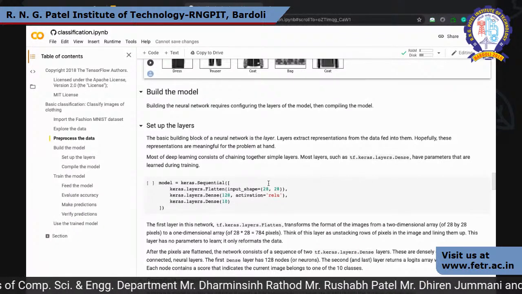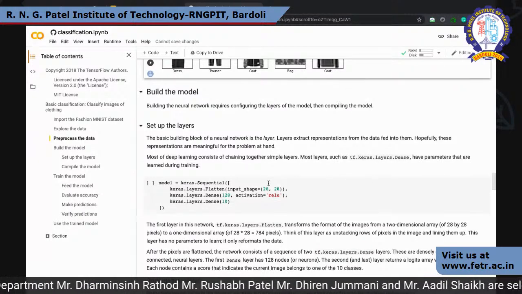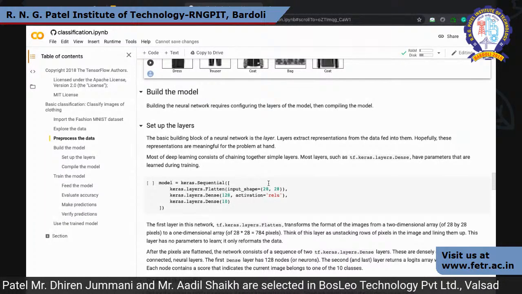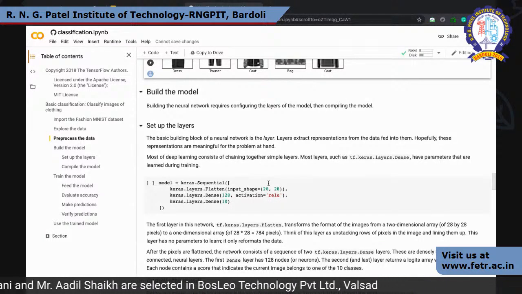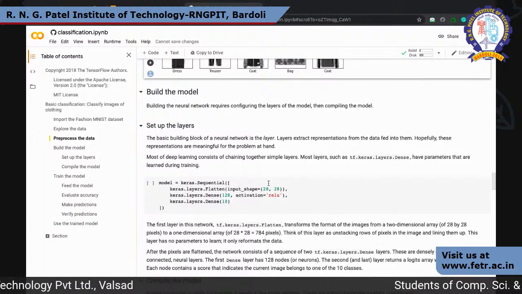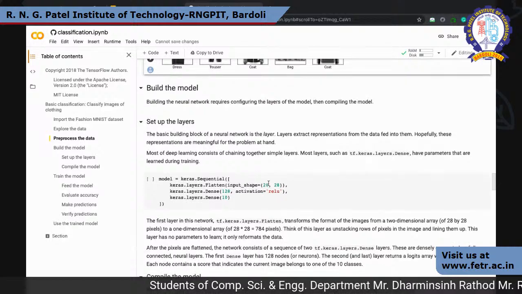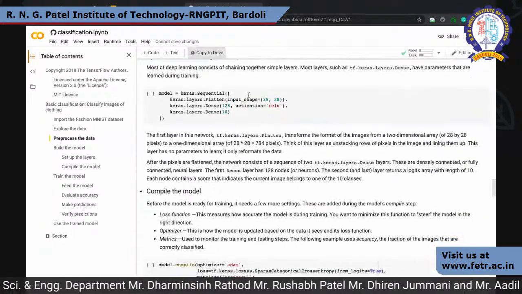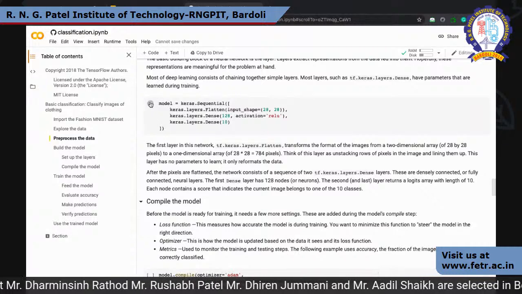So 28 by 28 is converted into the 128 dimensional space, and then our last fully connected layer is 10, as we wanted to make sure that it would convert into the 10 basic categories, right? So this is how our model is. Let me execute it.